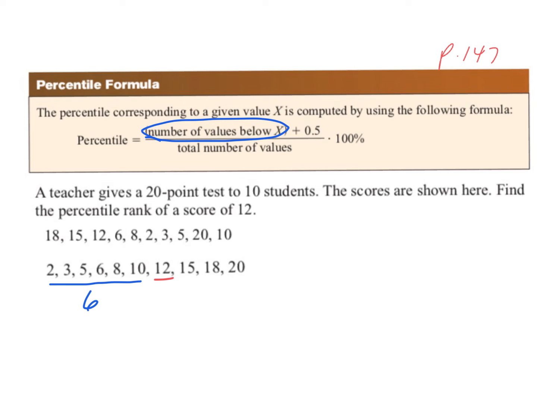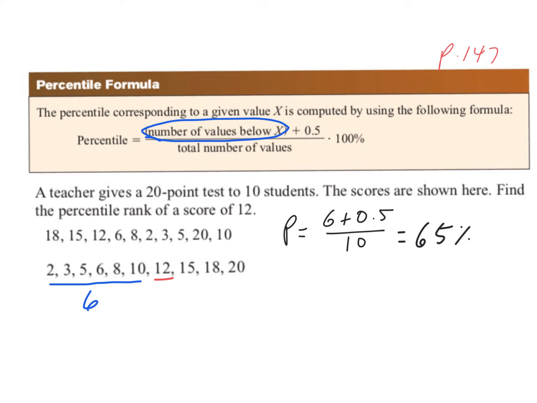I have to add a half to it. I have to divide it by the number of numbers. And then I have to convert it to a percent. So this is where I'm starting. There's 6 values. Add a half to it. Divide it by 10. So this is 6.5 divided by 10, which is 0.65. Convert that to a percent, and you get 65%.